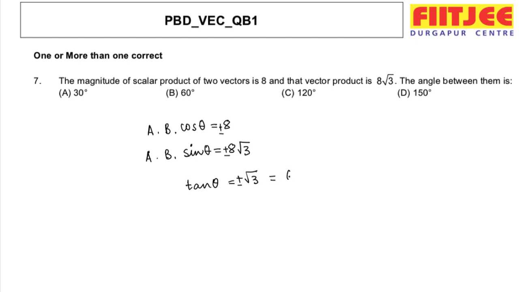That can be 60 degree, where tan theta is root 3, and if it is 180 minus 60 degree, that means 120 degree, then it is minus root 3. So options B and C both are correct choices.